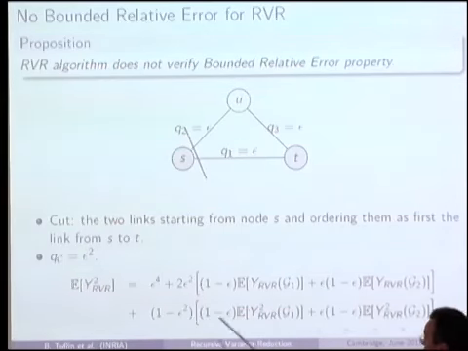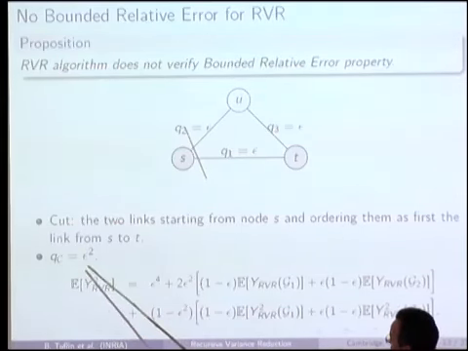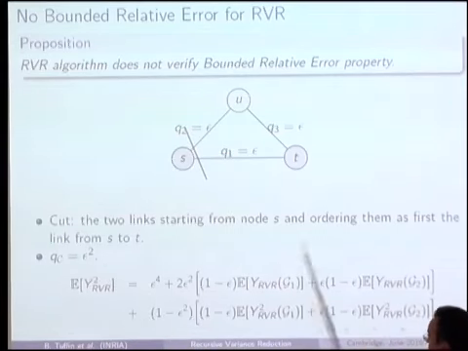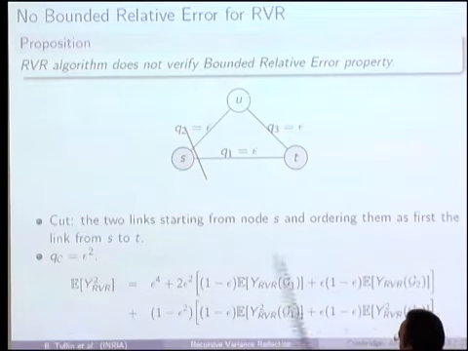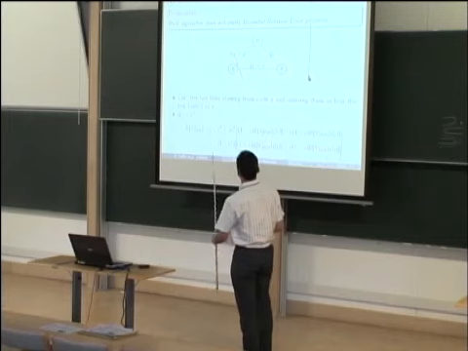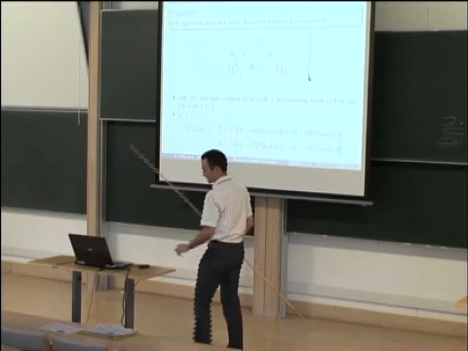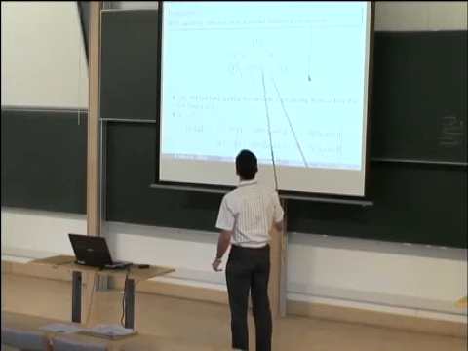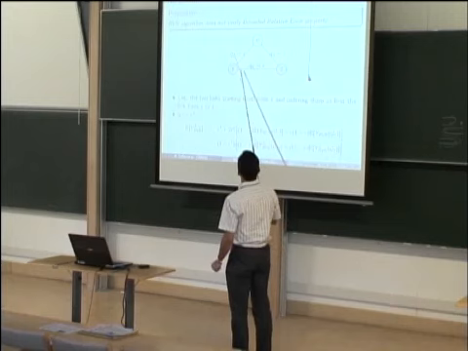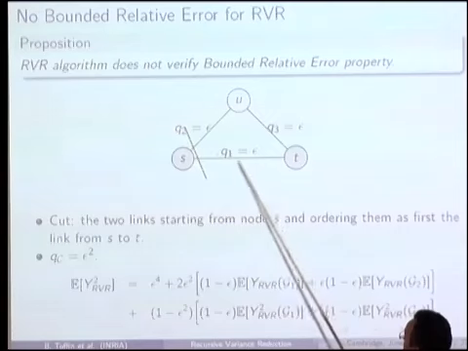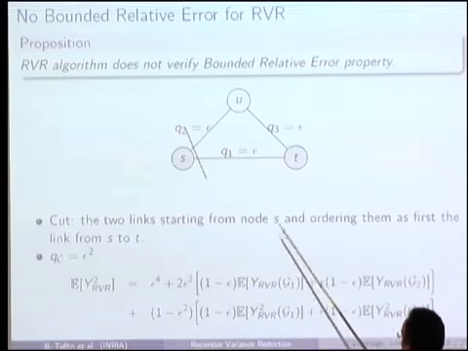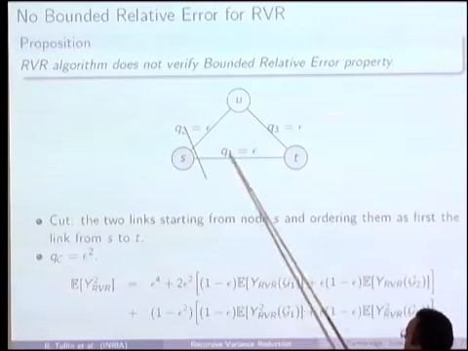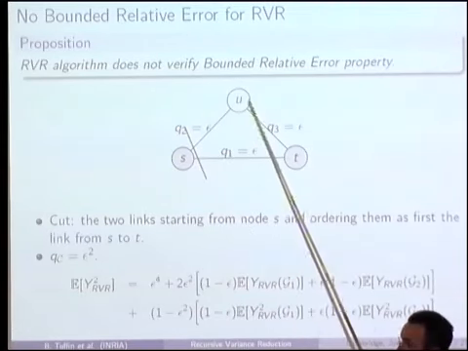And so it is easy to see that the probability of the cut set is epsilon squared, and we can compute the second moment from this formula. And how does it work? So G1 is a subgraph where this link is working, and G2 is a subgraph for which this link is not working, but this one is working.